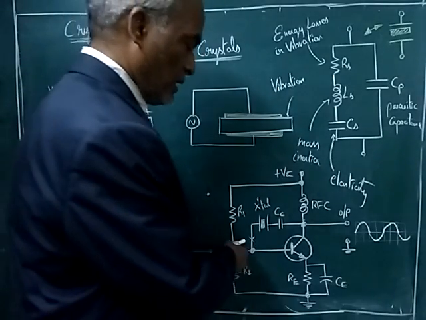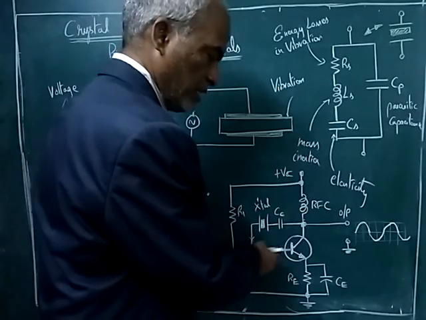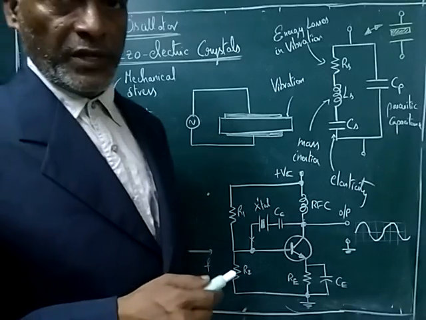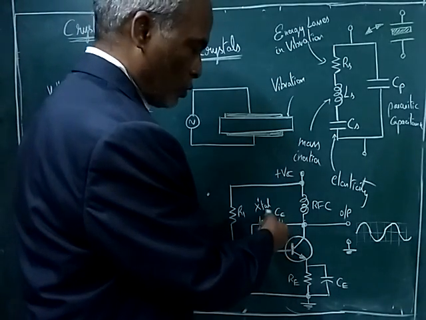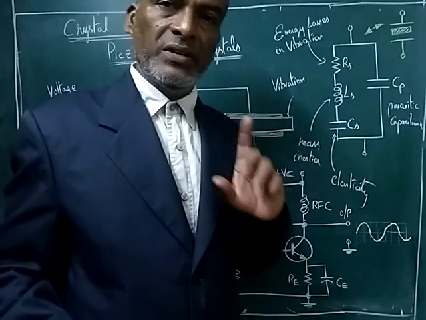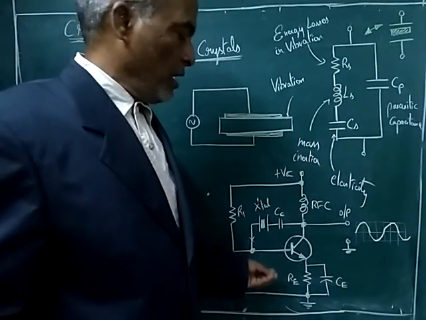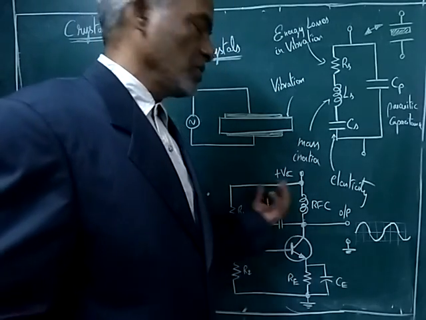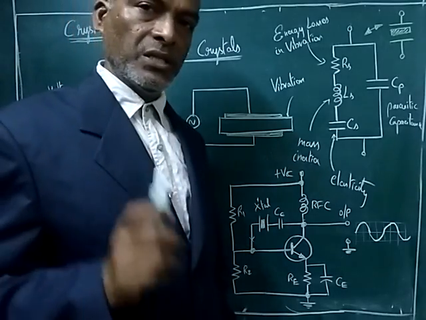Suppose a noise input gets into the base. At the collector it is 180 degrees out of phase. Then that signal comes back through the crystal, and the crystal has a resonant frequency. You all know the basic rule of oscillation. A noise signal is generated, passes through the transistor and gets amplified, and then passes through the resonance circuit.